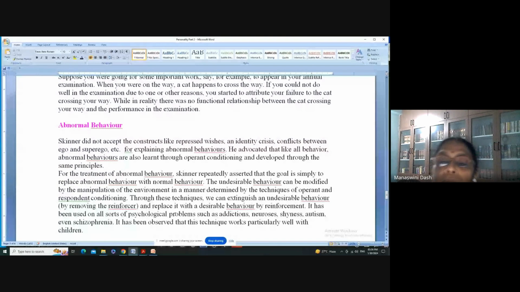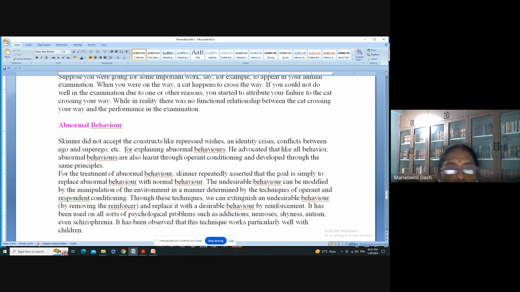The undesirable behavior has to be extinguished, and in place of it, the desired behavior has to be learned. So we have to extinguish an undesirable behavior and replace it with a desirable behavior by reinforcement.